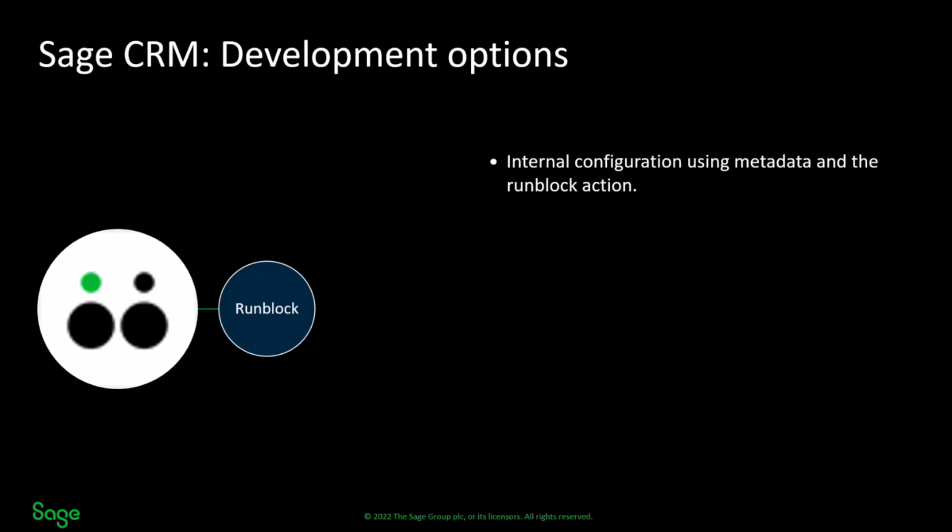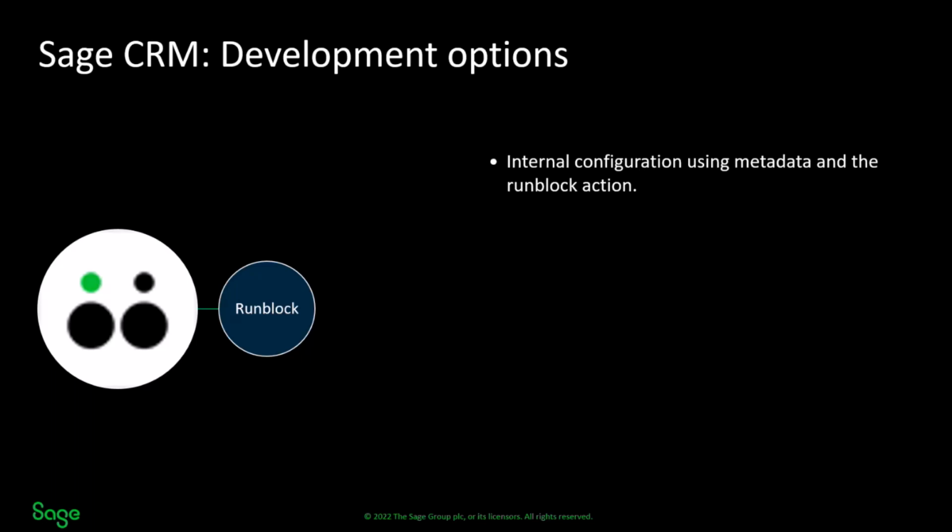We can create a list on that information, and we can then call that screen directly from the interface. You'll see that it's possible to get a usable and useful page added into Sage CRM very easily without any code being used.